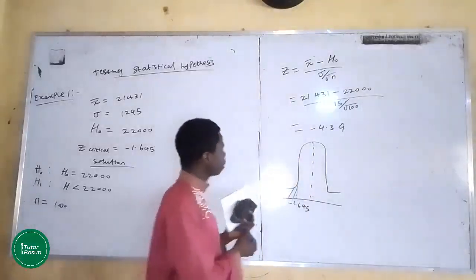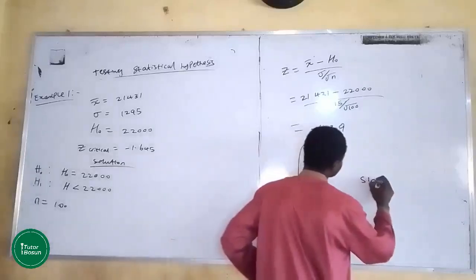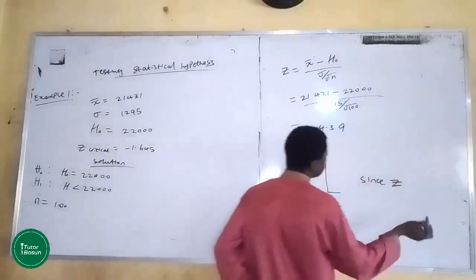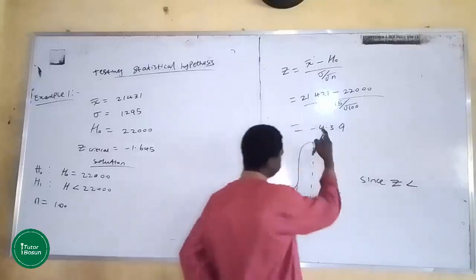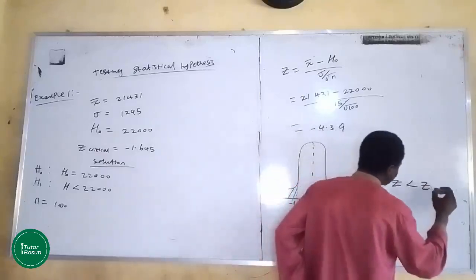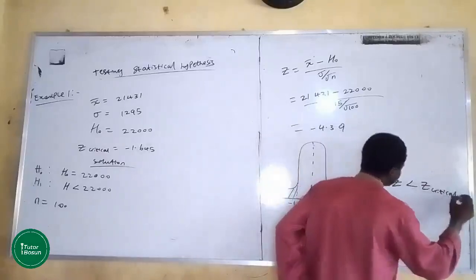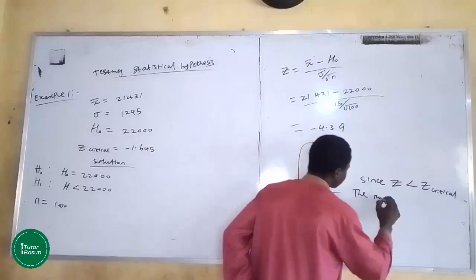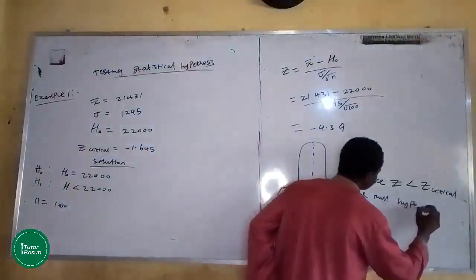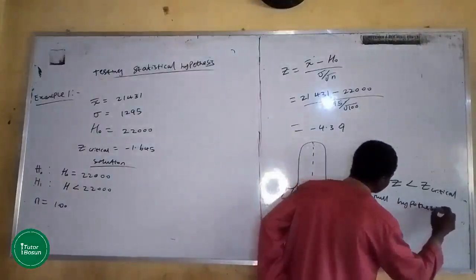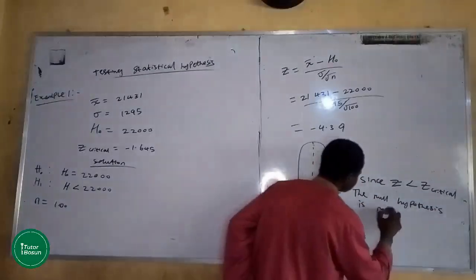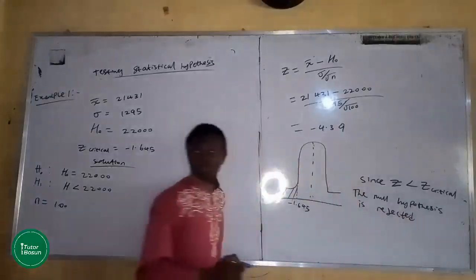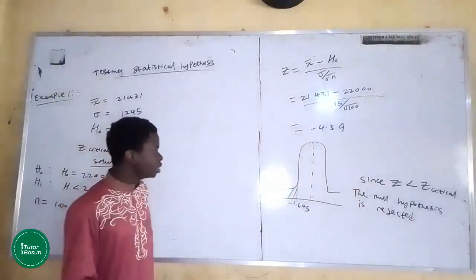So since Z is less than Z critical, the null hypothesis is rejected.